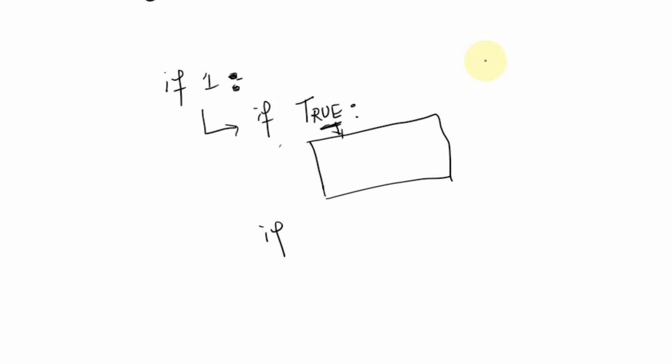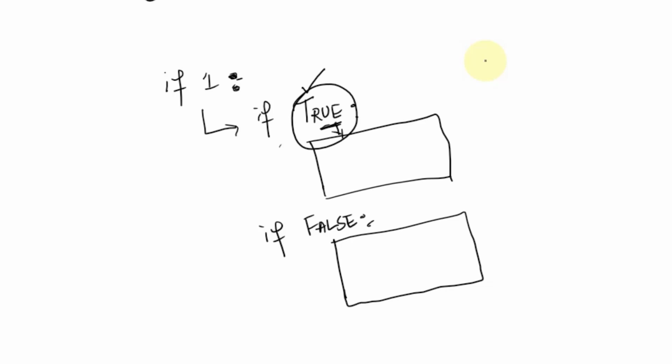Similarly, if whatever is here is false, then whatever is beneath will be implemented. Okay, so these are basically the two conditions in which whatever is here should be true or false in order to implement the statements beneath these conditions. So this is for true or 1, and this is for false.